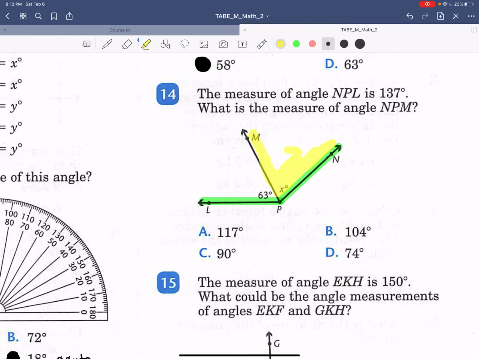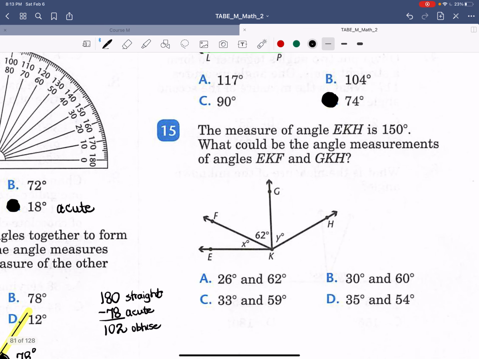And they have marked that with the letter X. Just to say we don't know that, we're calling it X. So 137 is the entire thing. Minus 63 is going to be 74 degrees for that yellow section that I colored in. So for number 14, I like D, as in dog.